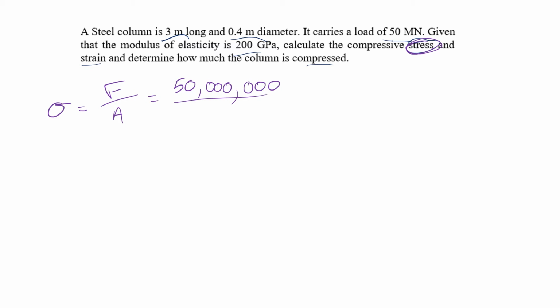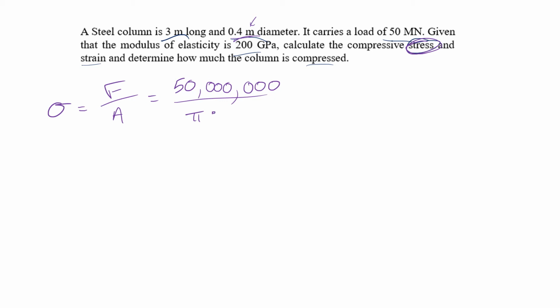Dividing by the area, here's the diameter, but be careful here. That's not millimeters, that's meters. So if we want to use our normal system, we're going to switch it to millimeters. So we've got this many newtons divided by pi, and then r squared.